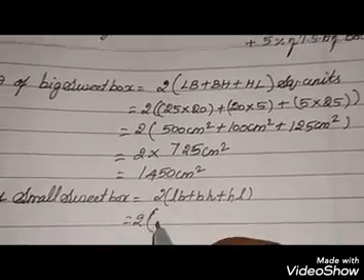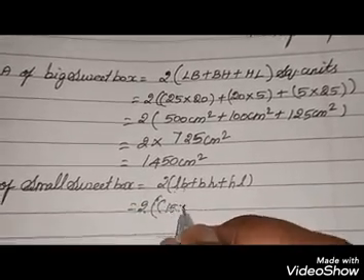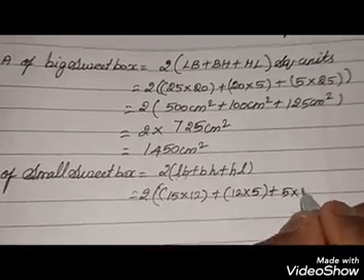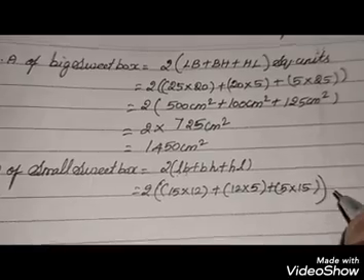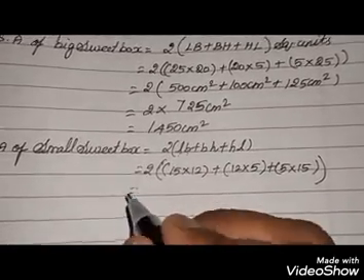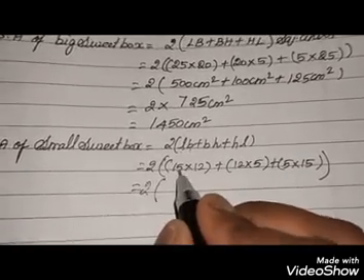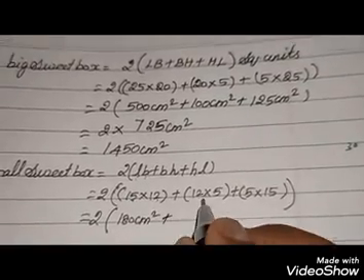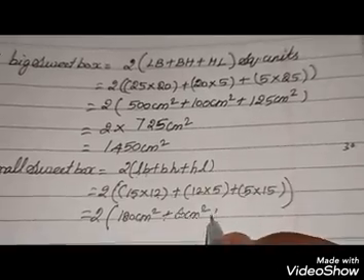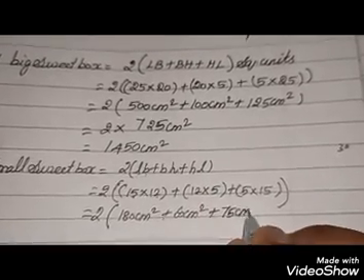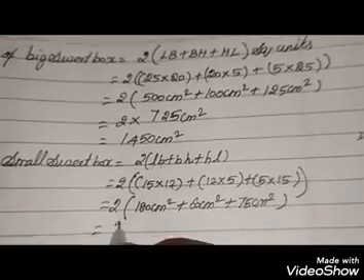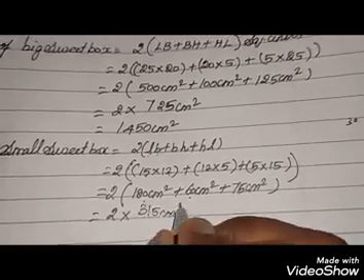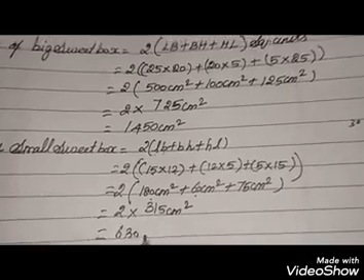Substituting length and breadth: 15 into 12 plus 12 into 5 plus 5 into 15. 15 into 12 is 180 centimeter square, 12 into 5 is 60, and 5 into 15 is 75. Adding these three gives 315, and multiplying with 2 gives 630 centimeters square.